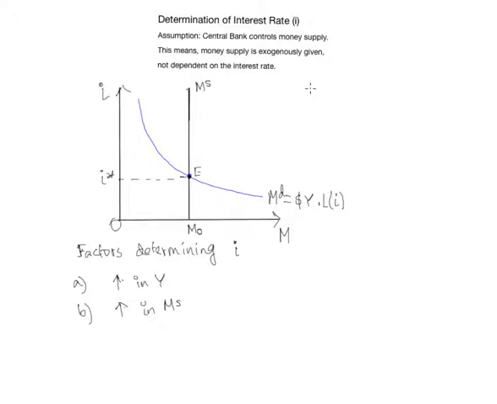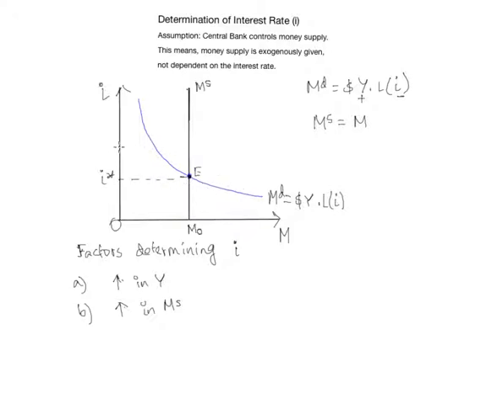Note that our money demand function looks like that. So money demand depends on nominal income and interest rate: positively on income, negatively on interest rate. Money supply, however, is not dependent on any of these factors. It is determined by the central bank. So I star is then the equilibrium interest rate.